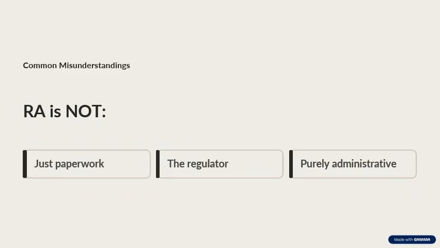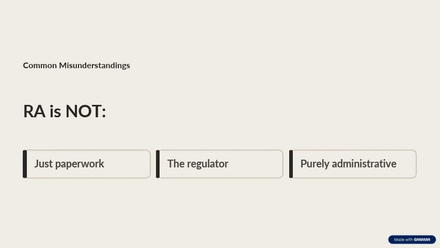At this point, it is helpful to clear up a few common misunderstandings about regulatory affairs. When people are new to regulatory affairs, a few misunderstandings are very common. First, RA is often seen as just paperwork. In reality, RA work involves judgment, interpretation, and structured thinking. Second, RA professionals are sometimes mistaken for regulators.